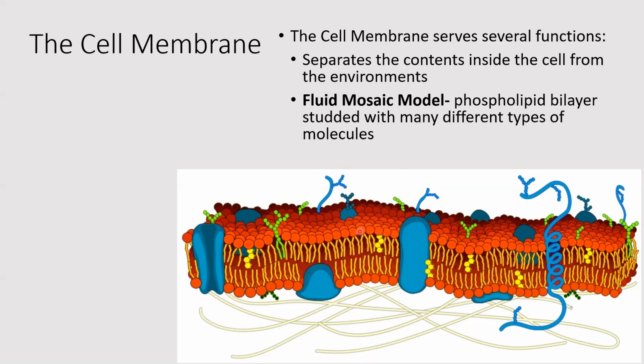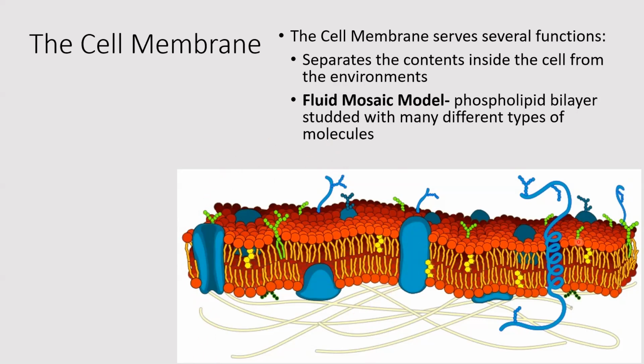So this cell membrane is going to have different proteins embedded in it. As you can see here, this protein is going to traverse the whole cell membrane and it's going to act as a transporter or receptor, so things can either come in or out.